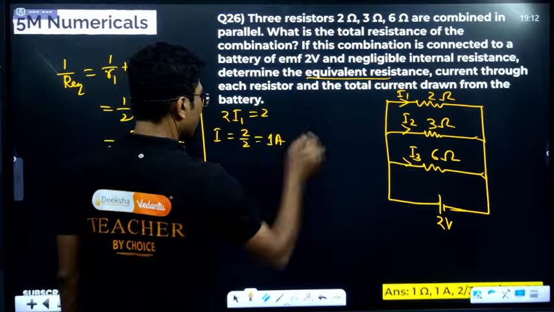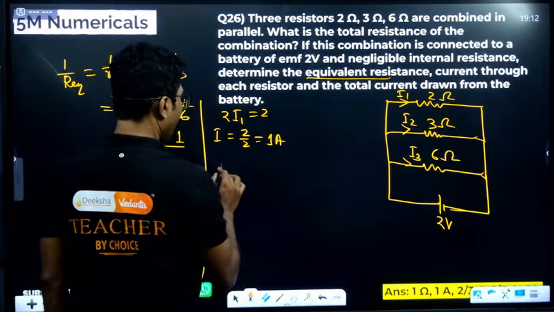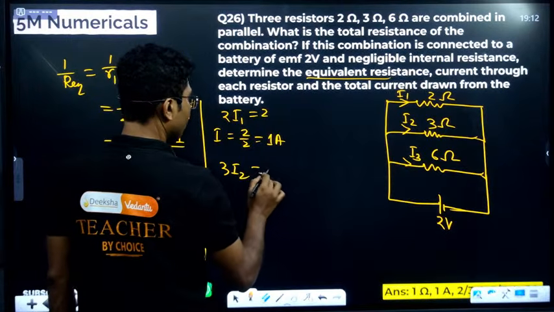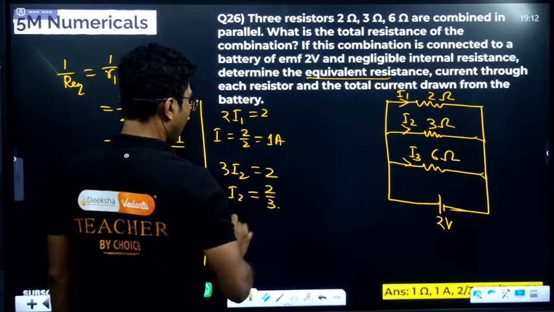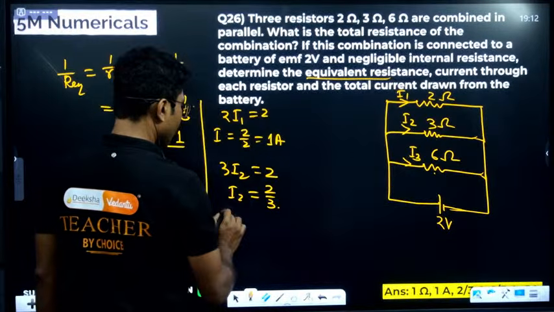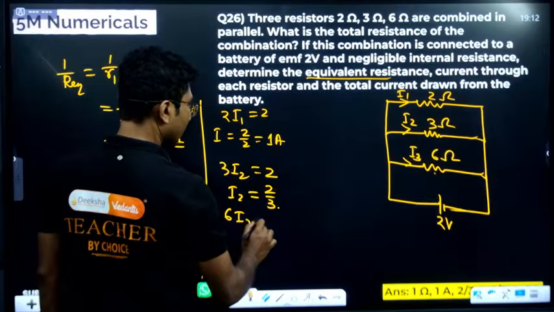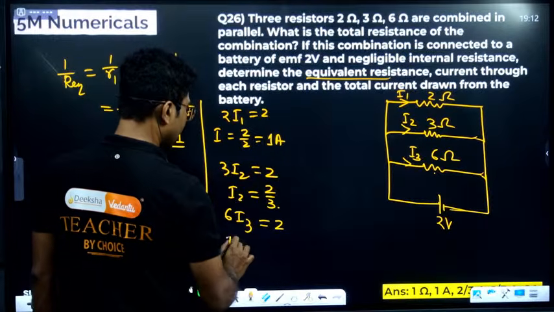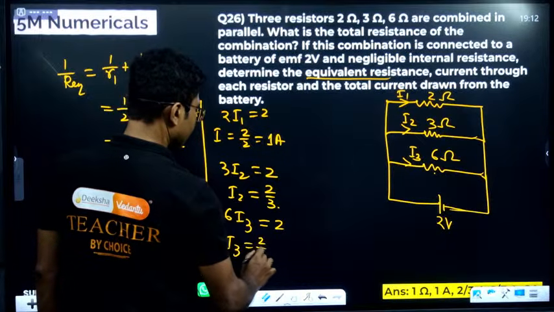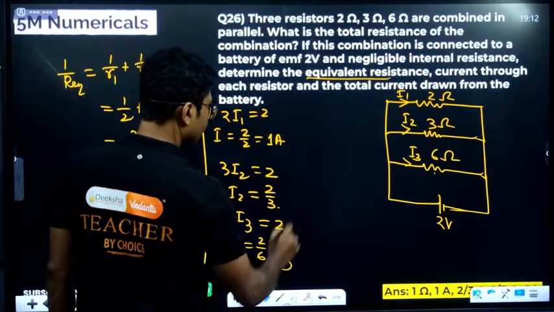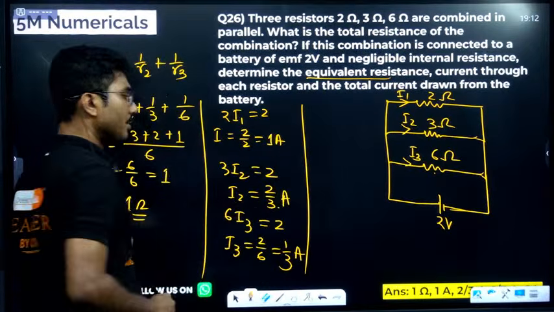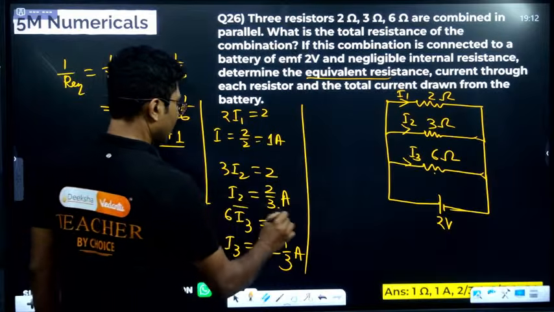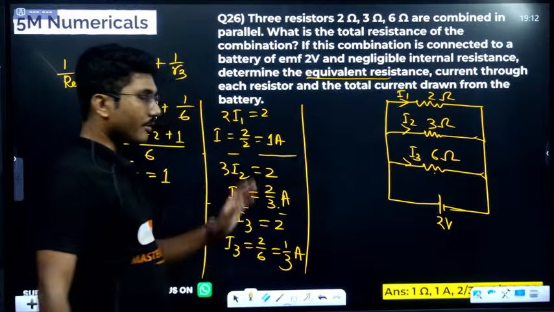Now for I2, 3I2 equals 2 volt, that is I2 equals 2 upon 3. And for 6 ohm, 6I3 equals 2 volt, that is I3 equals 2 upon 6, that is 1/3. So this is how you calculate all the currents. Remember, the current unit has to be mentioned.